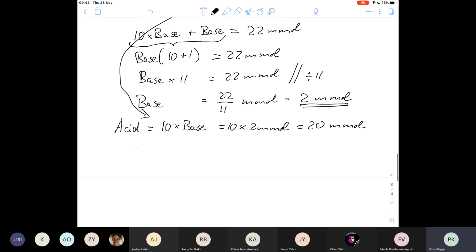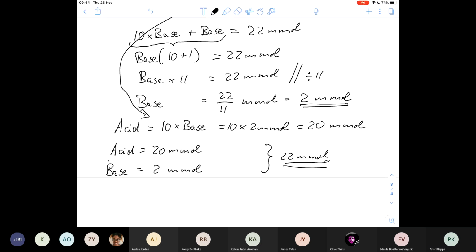Okay, so we have acid equals 20 millimole, base equals 2 millimole. Together they give us 22 millimole, and that is what we wanted. That was our capacity, 20 plus 2.